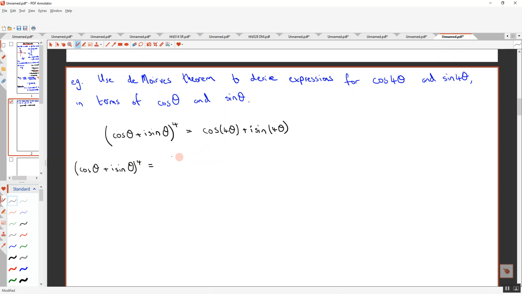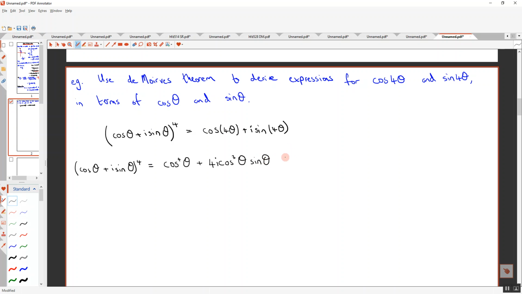So if I'm going to expand this using binomial expansion, my first term is going to be cos to the power of 4 theta, plus 4 times cos to the power of 3 theta times i sine theta.